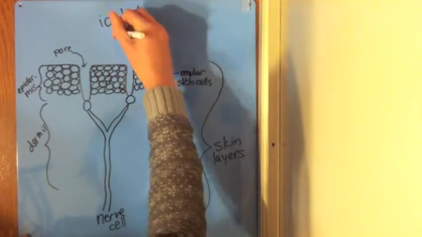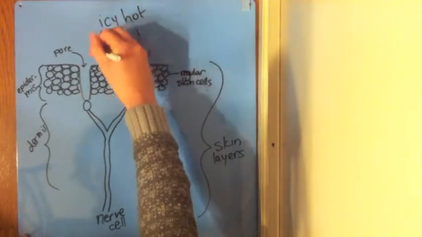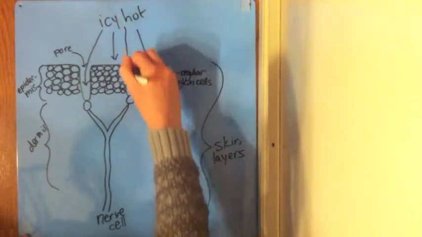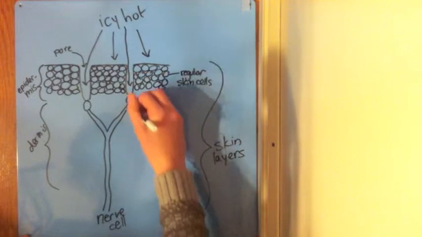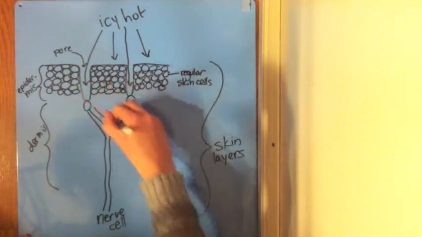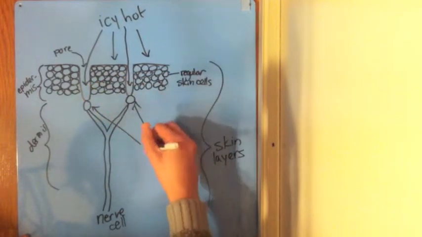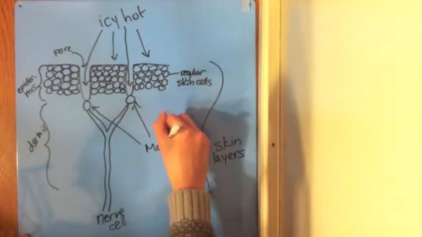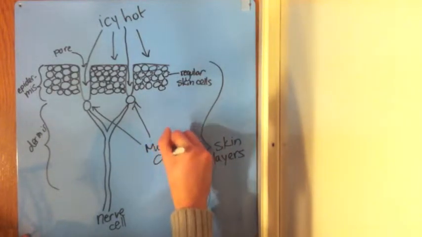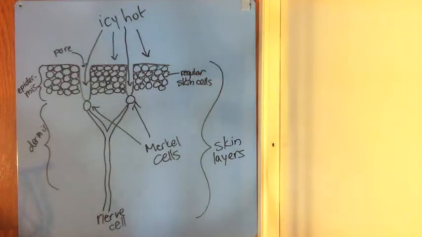Icy Hot goes through the pores in the skin. It then travels to the Merkel cells, which are located at the bottom layer of the epidermis. The Merkel cells are connected to the nerves, which are in the dermis.